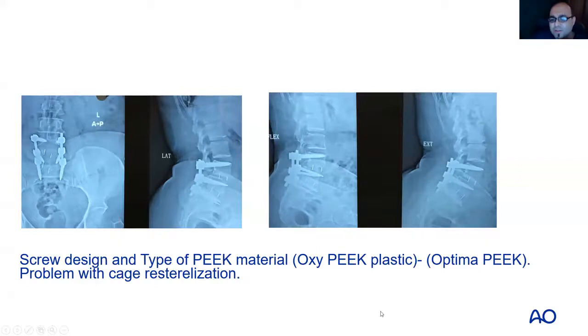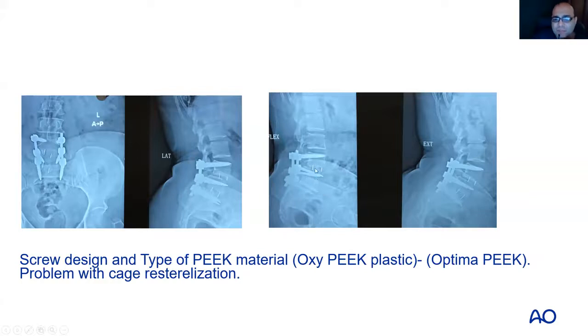If the patient underwent surgery and you ask the company to bring you PEEK, consider the sterilized one, and do not use cages which you re-sterilize from time to time, because it may change the mechanics and can lead to subsidence and complications like these fractures.